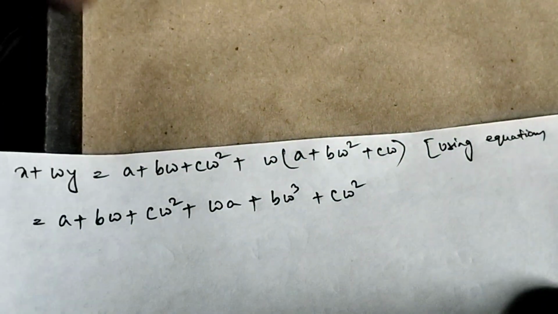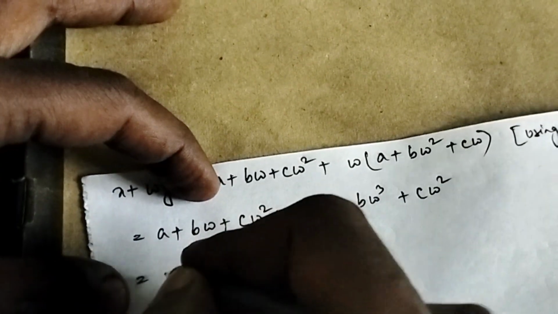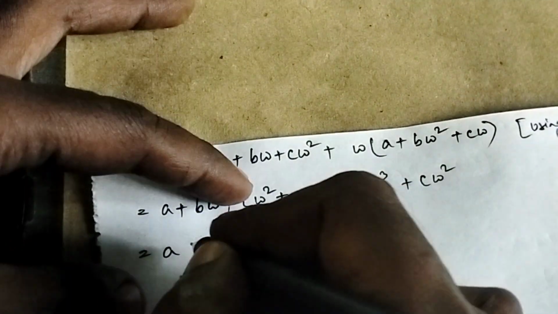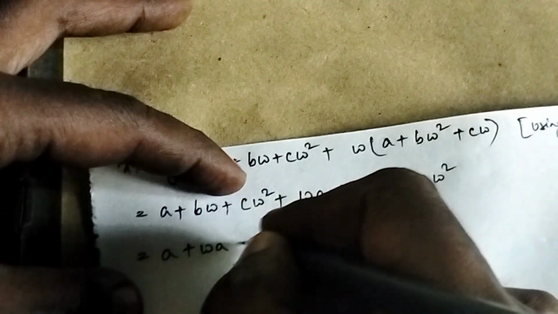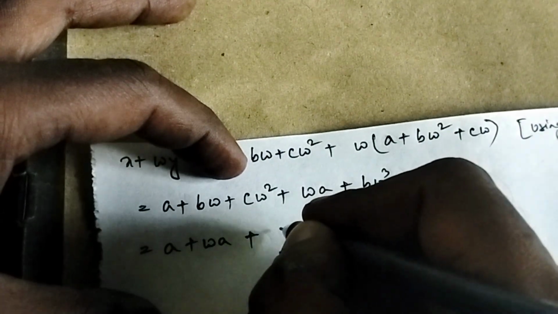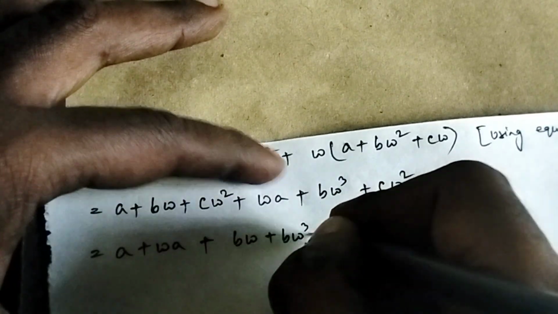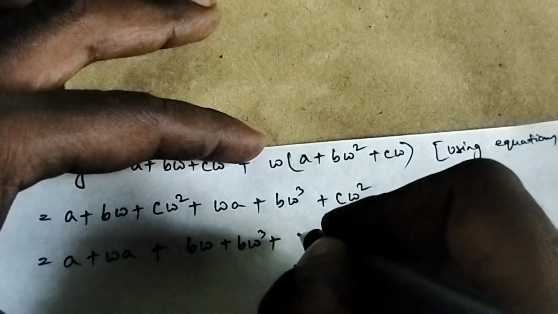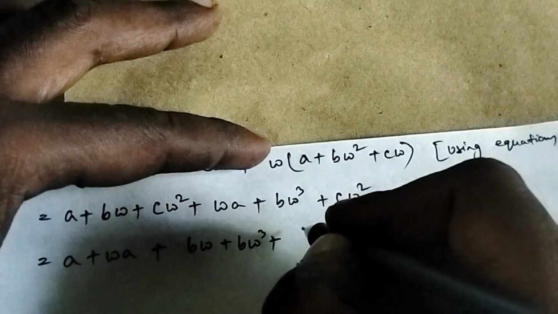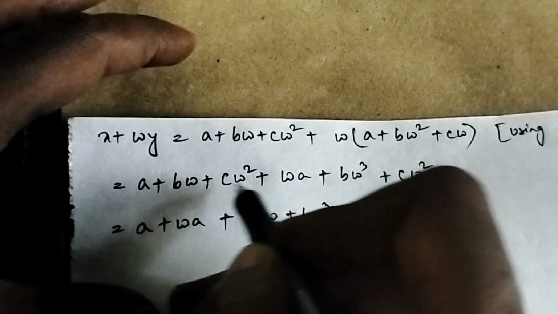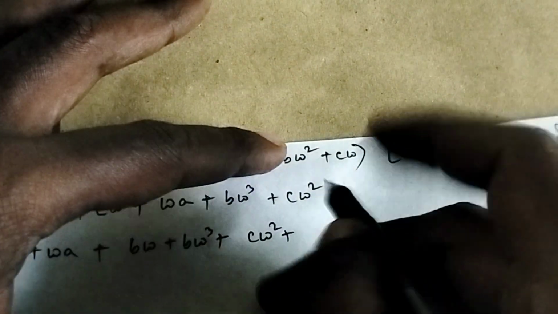Okay, so now what will I write? I will write a plus omega a plus b omega plus b omega cube plus c omega square plus c omega square.